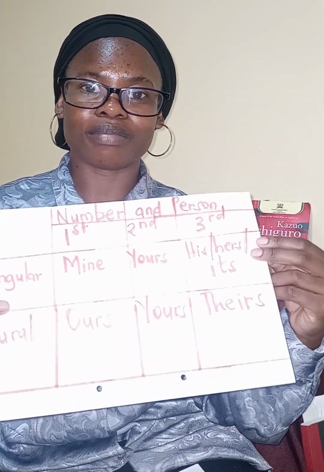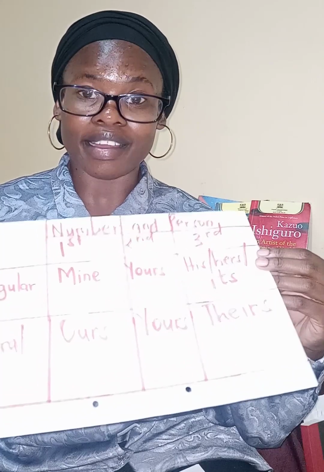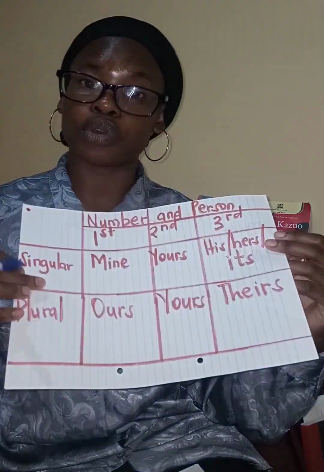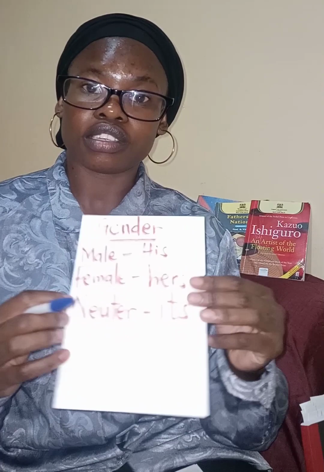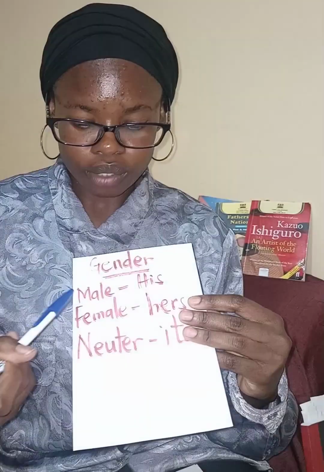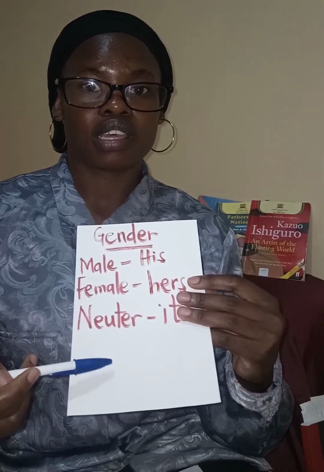We've now covered person and number in the possessive pronouns. Next, we go on to gender in the possessive pronoun, where we have male, female, and neuter.